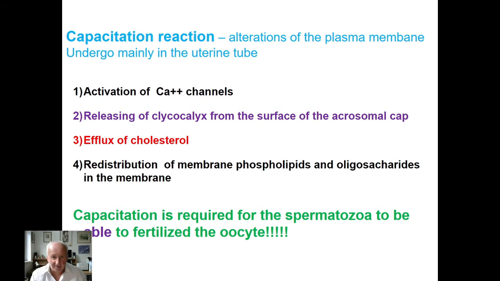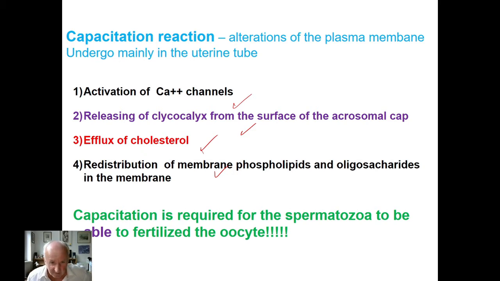You see that there are several important points about what happens on the membrane of the acrosomal cap. If the capacitation would not happen, the enzymes in the acrosomal cap could not be released to help the head get through the zona pellucida. So those basic points happen during capacitation.